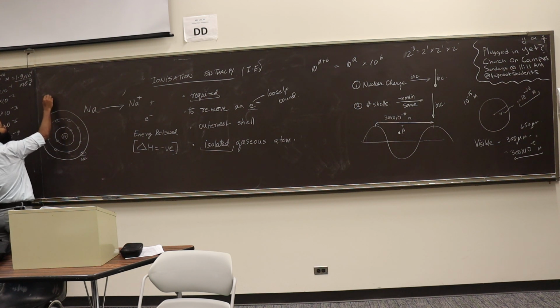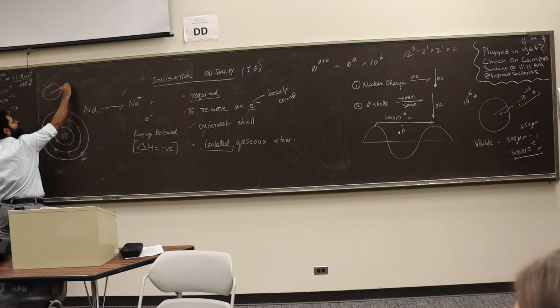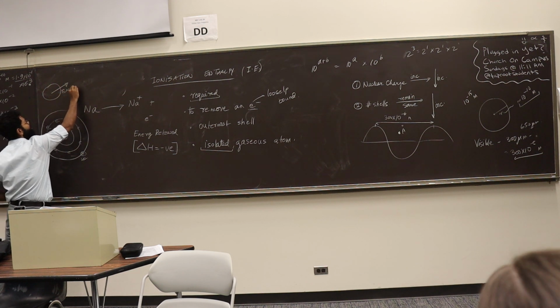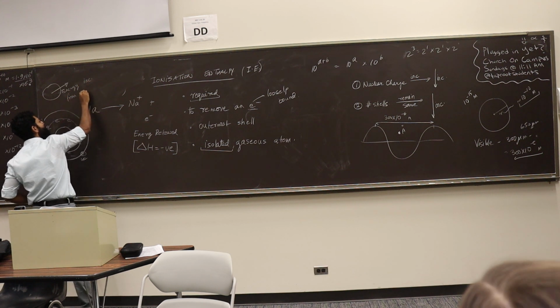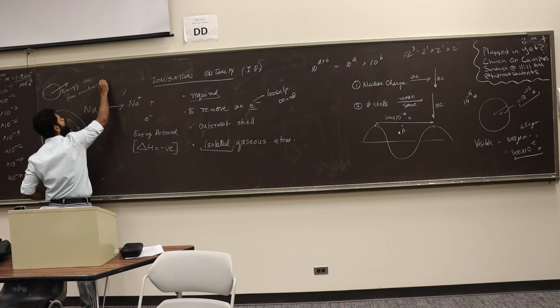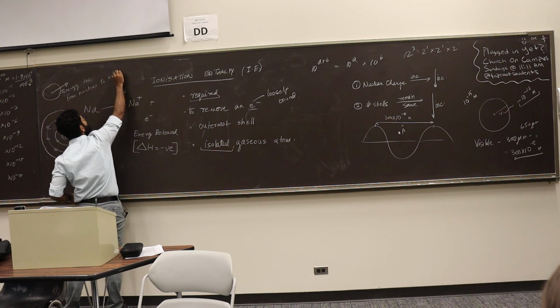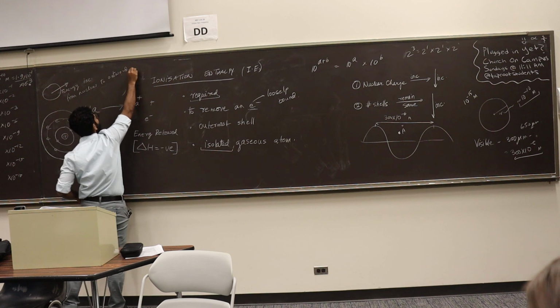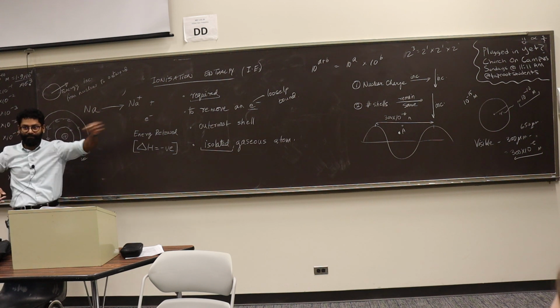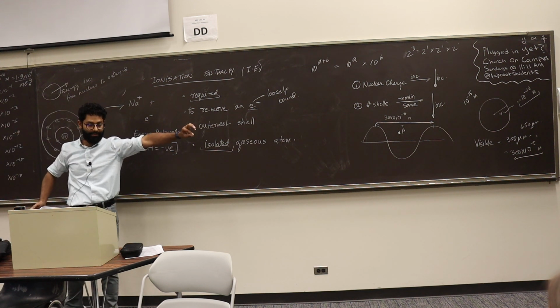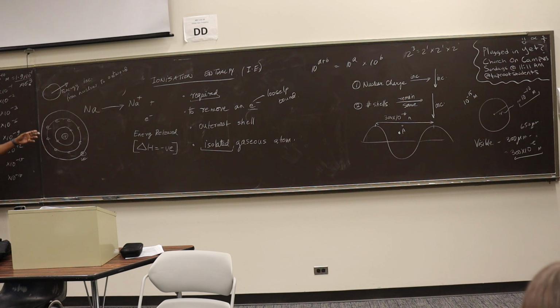So you have least energy near the nucleus, and then energy increases as you move outward. So this electron has more energy than these electrons, and these electrons have more energy than these electrons.